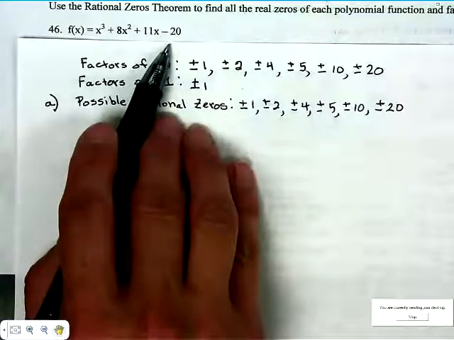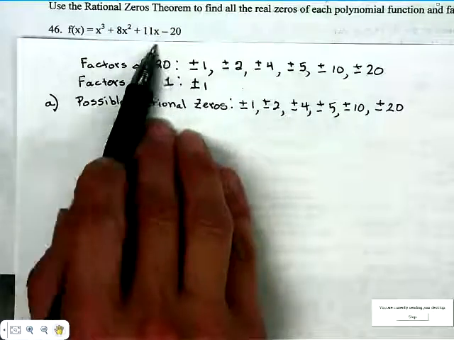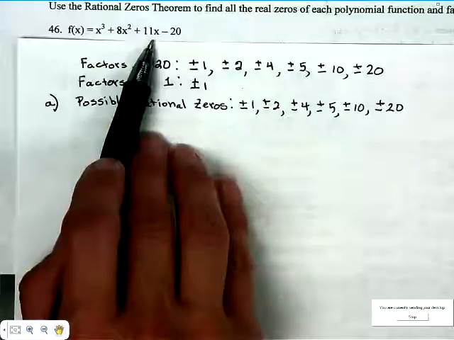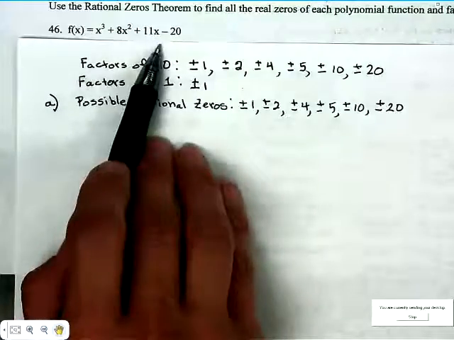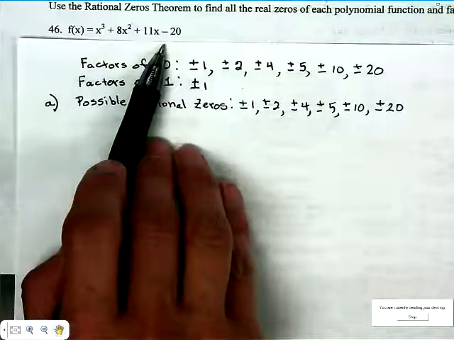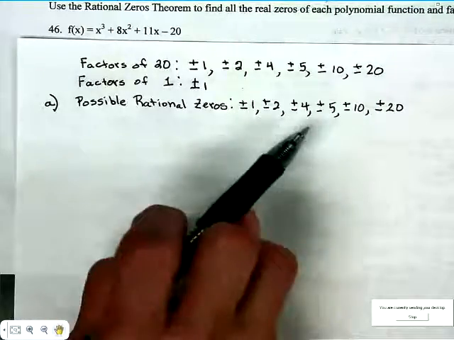I would just stumble. Let's try 1. Let's try 5. Let's try negative 2. I might try numbers all day before I finally found something that made that equal to 0. There are infinitely many possibilities. But the rational zeros theorem has limited my possible solutions down from infinitely many to only 12.